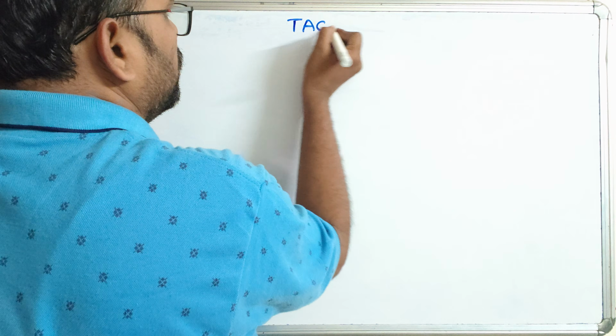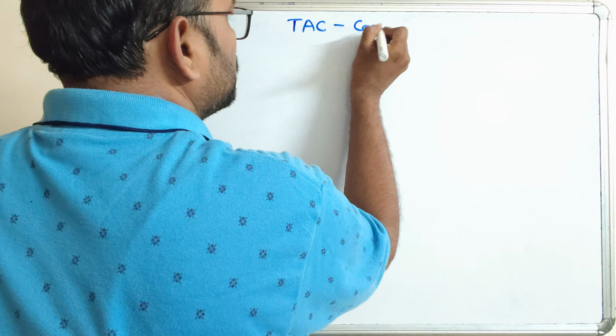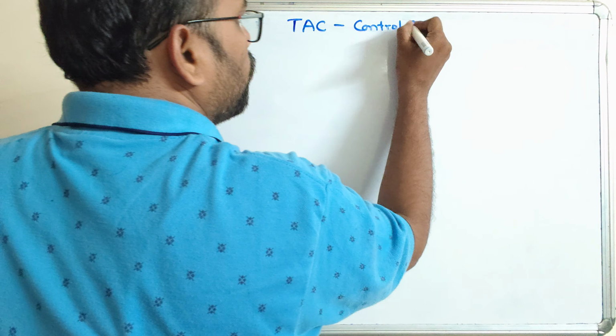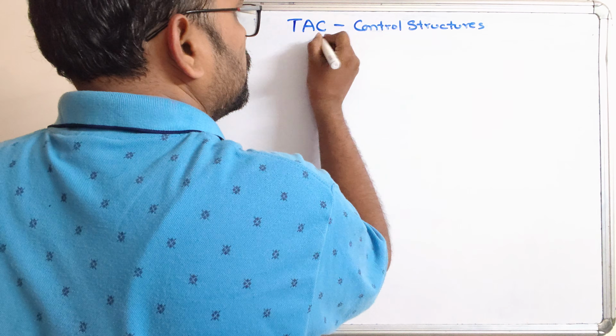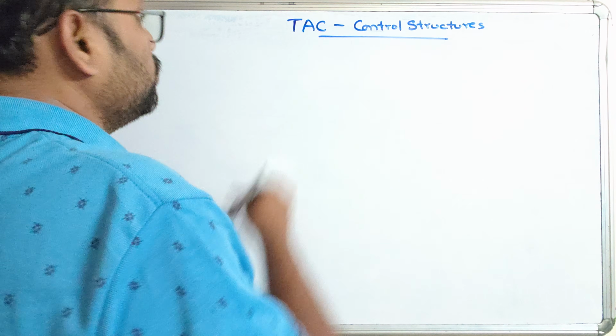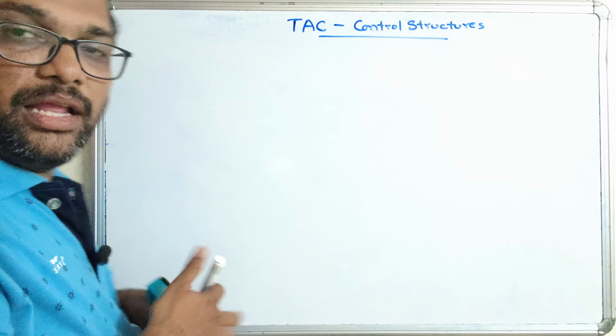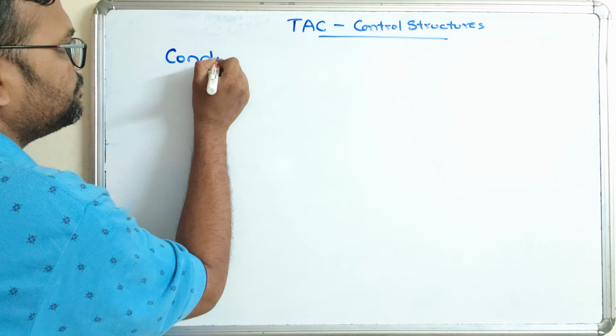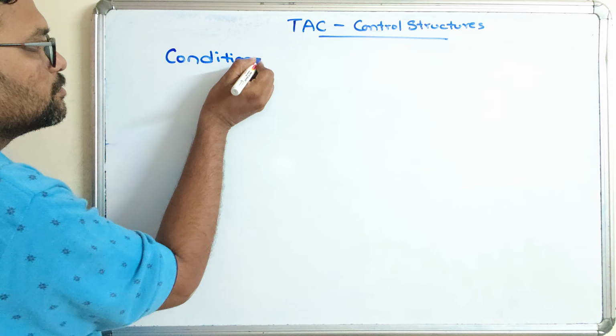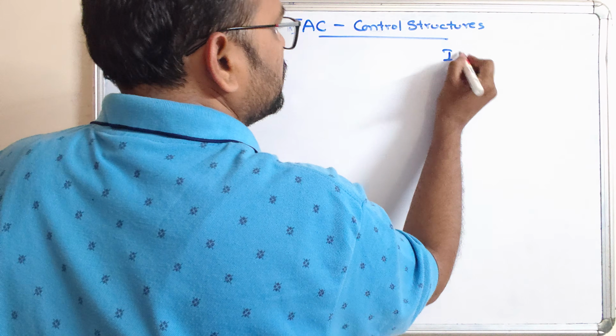Three address code for control structures. We can call them control structures. Here the control structures means conditional and iterations.